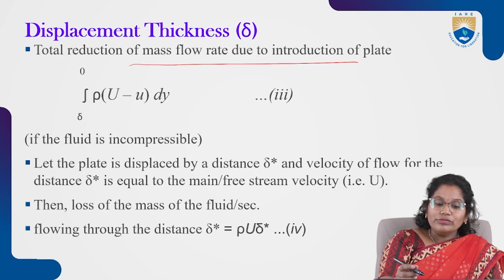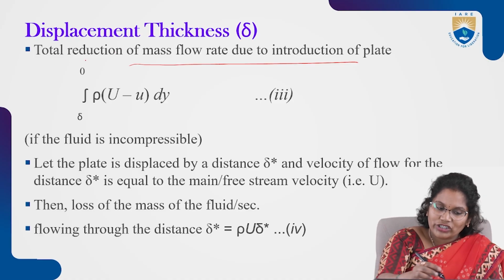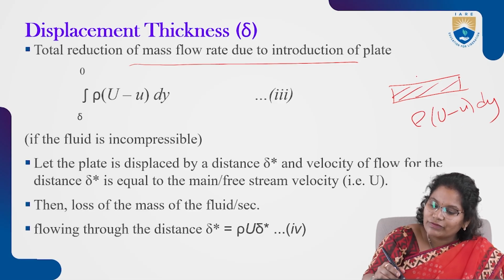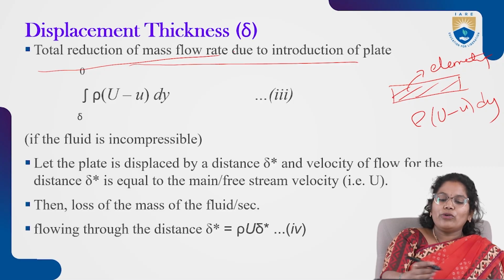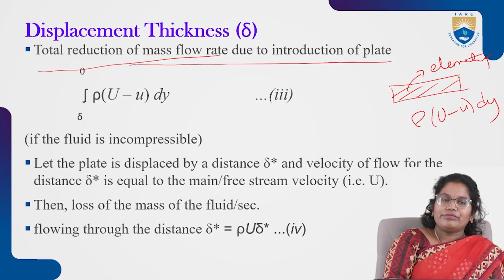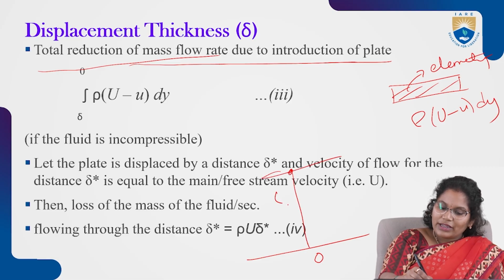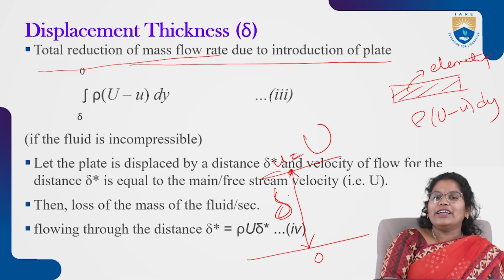When you take a total reduction, the above equation is only for the small elementary strip, right? That is rho into capital U minus small u into dy. Now I need the total reduction of mass flow rate due to the introduction of the plate. So integrate from 0 to the y where small u becomes capital U. That is nothing but your boundary layer thickness.